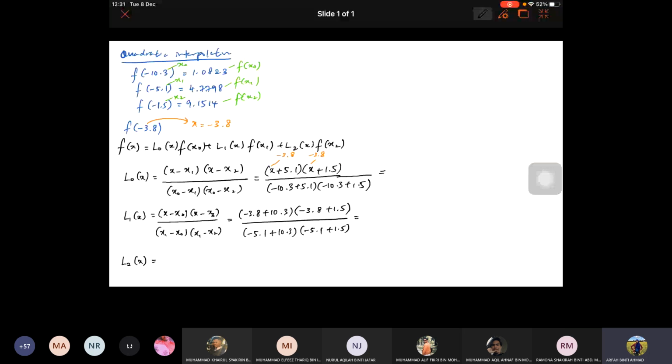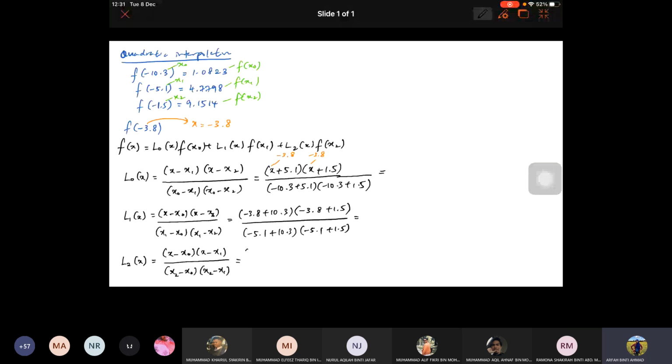L2X sama dengan X minus X0, X minus X1 divided by X2 minus X0, X2 minus X1. Okay.